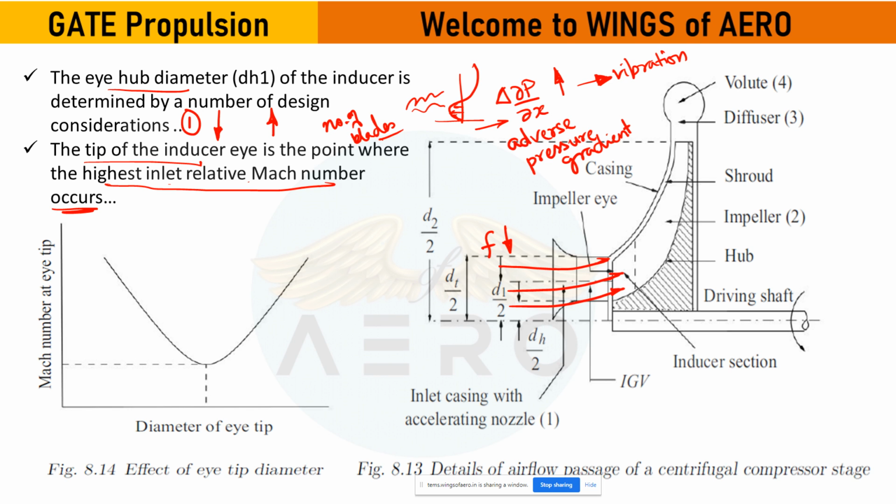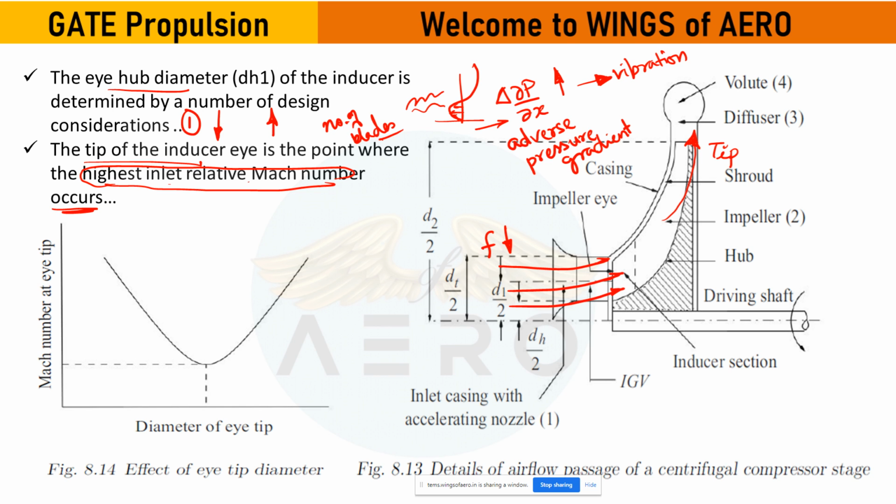When it is leaving, it has a swirling motion and leaves from the tip. We have to design it very carefully to decrease our relative Mach number.